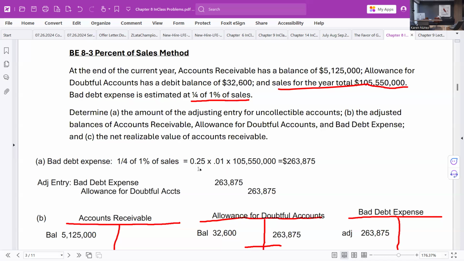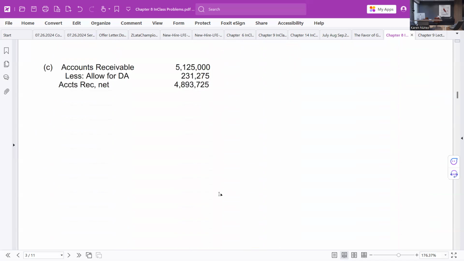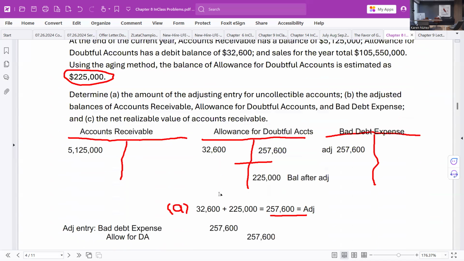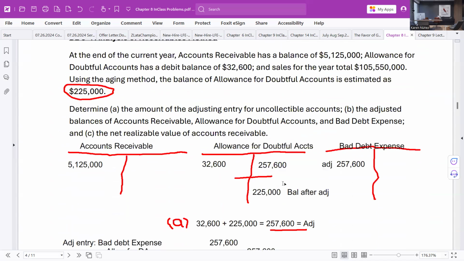We just use the percent of sales to determine the adjusting entry. But when we use the analysis of receivables method, the adjusting entry is based on what we need to manipulate this allowance account to get it to what we think the estimate should be for the uncollectible accounts.